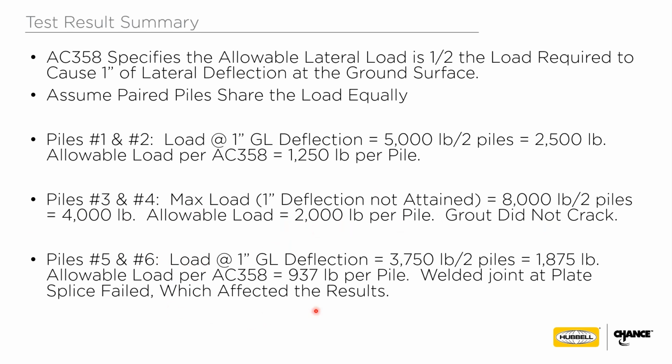And then the 8-inch one, we didn't quite have as good a result, so we had a connection failure, which kind of adversely affected our results, which, that's real life. It happens obviously when you do tests. Allowable lateral was when we had about 1/2 of an inch, or half the load, we had about 1 inch of lateral deflection at the ground surface is how we define that.